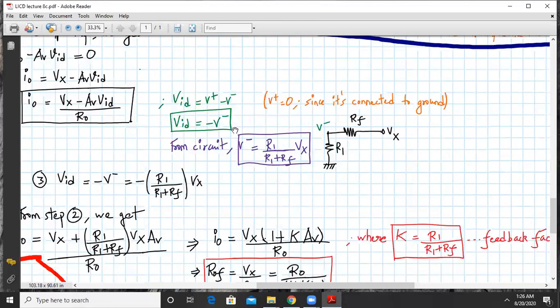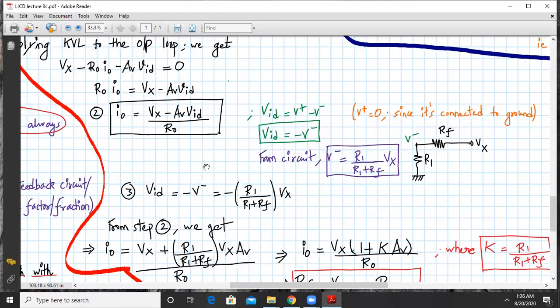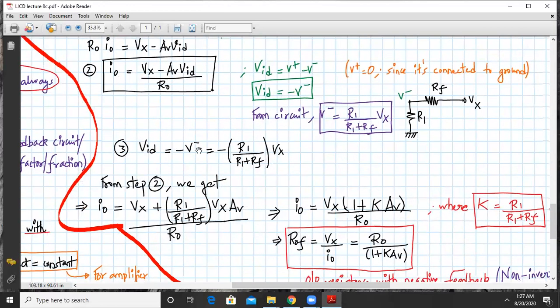This V minus we substitute in the VID expression, and this VID we substitute in step number 2. So first we are substituting in step number 3 for VID, and lastly we are substituting back the value of VID in step number 2. That's what we have over here.